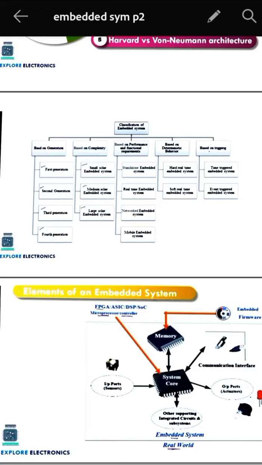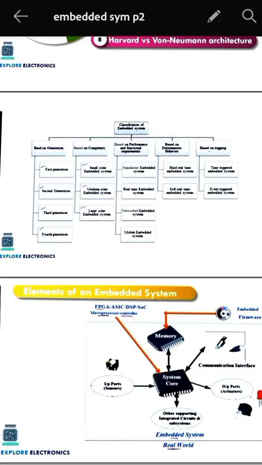Other options are FPGA, ASIC, DSP or SoC. FPGA means Field Programmable Gate Array, ASIC means Application Specific Integrated Circuit, DSP is Digital Signal Processing, and SoC is System on Chip. These are all present in the system core.